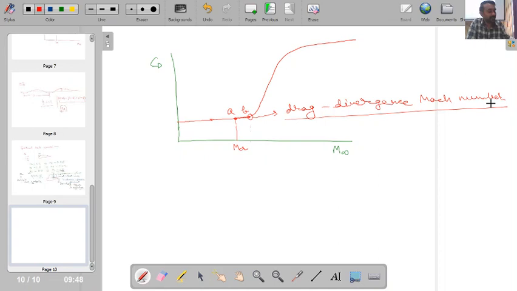Now for any aerodynamic object, our interest is to have the value of this drag divergence Mach number as low as possible. Sorry, drag divergence Mach number as large as possible.